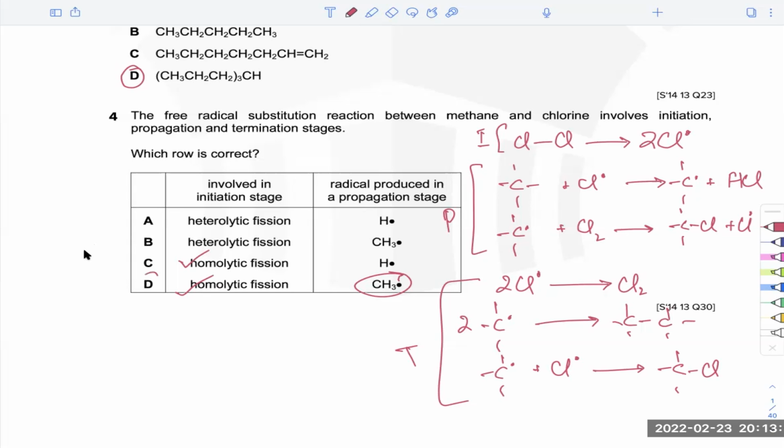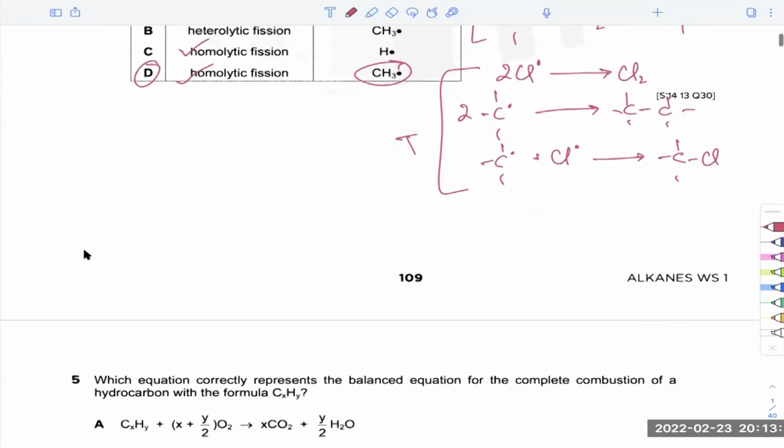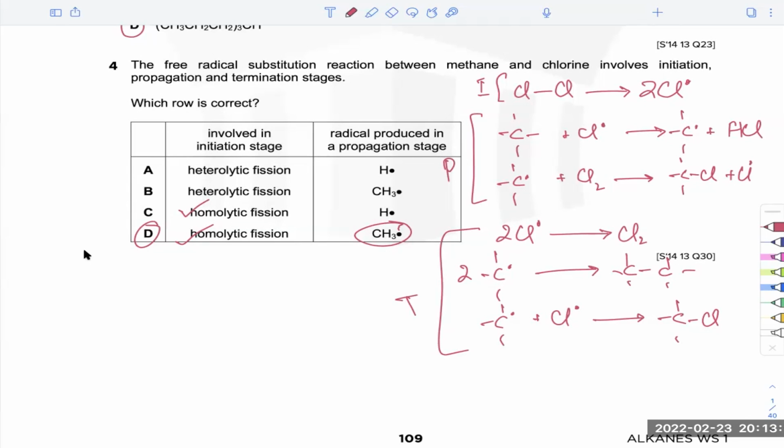Sir, why can't we get a hydrogen radical? One option where you could get a hydrogen radical would be if this chlorine radical were to come and approach this, and this bonds and this bonds, still you wouldn't get a hydrogen radical. और chlorine के साथ bond क्यों करेगा यहाँ पे? Very difficult for that to happen.